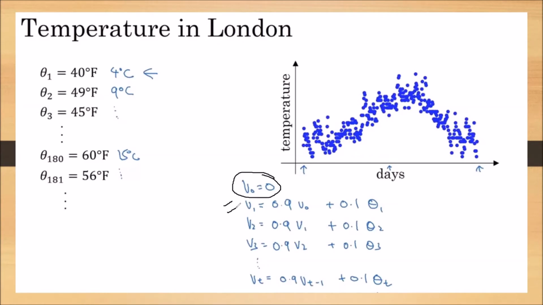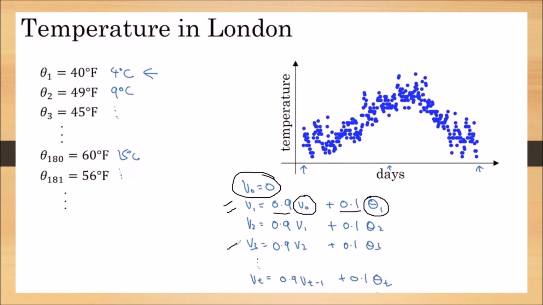To calculate a particular day's moving average, we will take a weight. The weight here is 0.9 into the previous moving average, that is V0, plus 0.1 into the present day temperature.